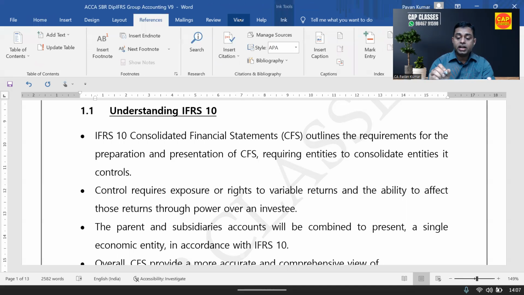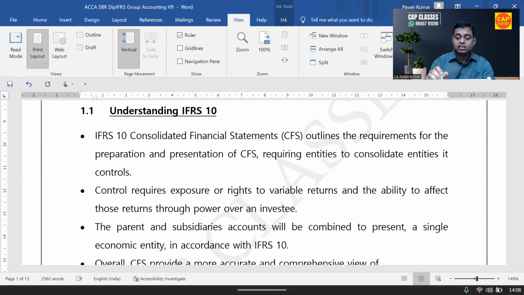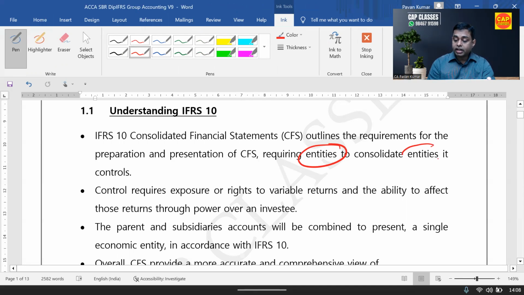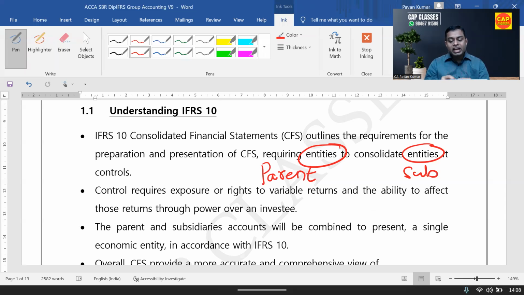Did you observe there are two entities? This is one entity, this is one entity. So this is the parent. This is the subsidiary. So IFRS 10 is requiring the parents to consolidate subsidiaries.